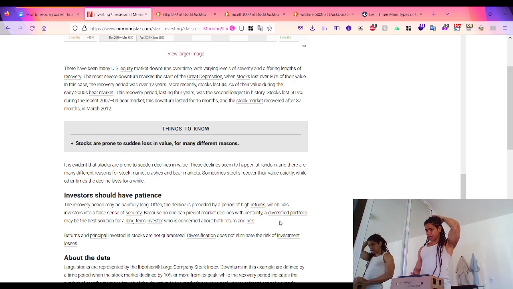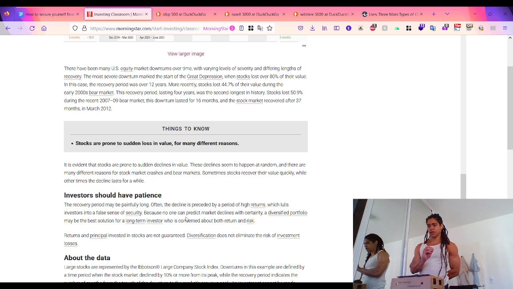Certainly, a diversified portfolio may be the best solution for long-term investors who are concerned about both return and risk, especially if you don't have a huge amount of assets or cash. So maintain a diversified portfolio, perhaps in cash.